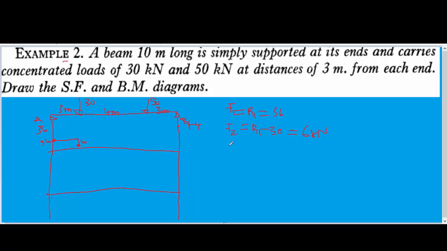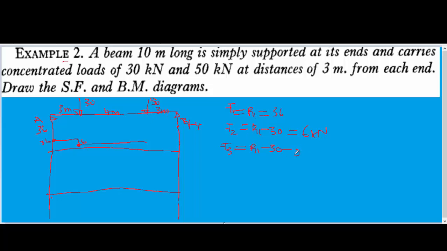So we'll now move to the third part, which will now be what? The reaction at F1 minus the downward load at the first 3 meters minus. So we are going to move for a distance of 4 meters to this point, where we'll have our 50 kilonewton, which is acting downward.